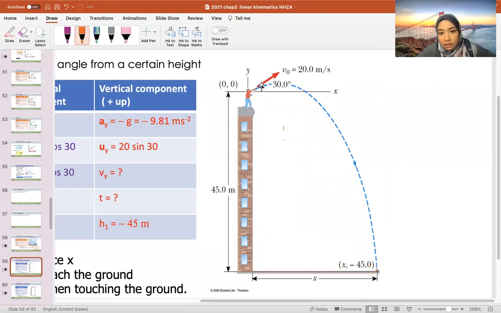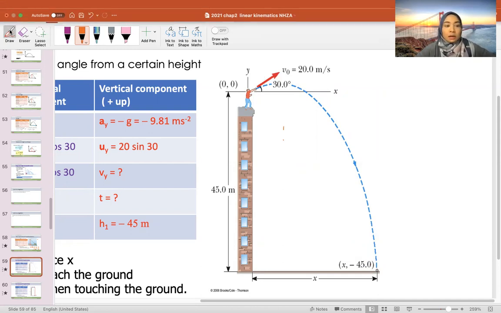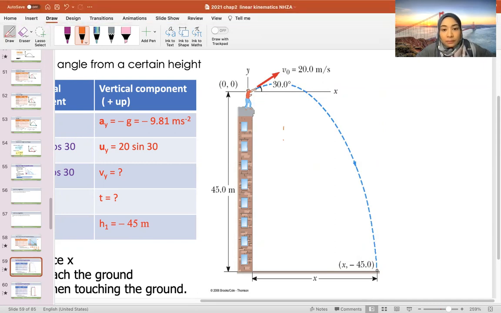Okay, so kita ada initial velocity of V0 equals to 20 meter per second. We know how to resolve this into its initial velocity in the x and in the y. So in this case, we have V0 with an angle of 30 degrees over here. So if I were to resolve this, this would be ux equals to V0 cosine 30.